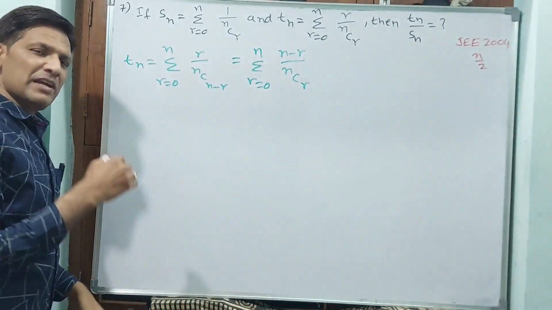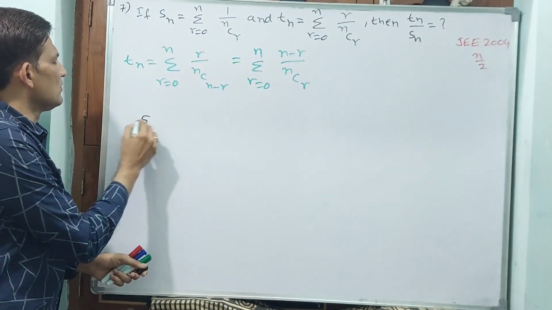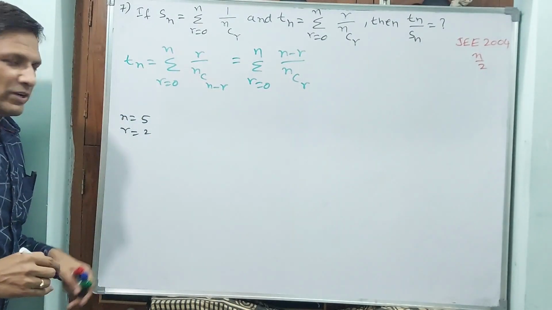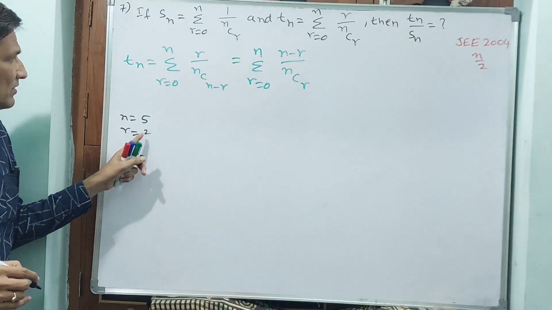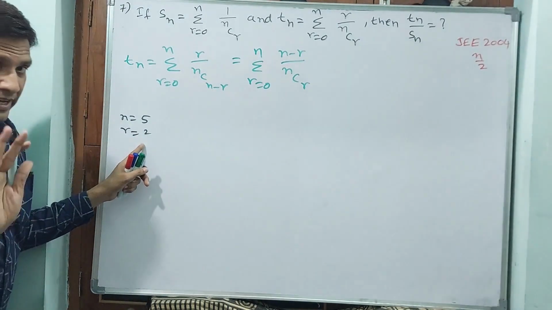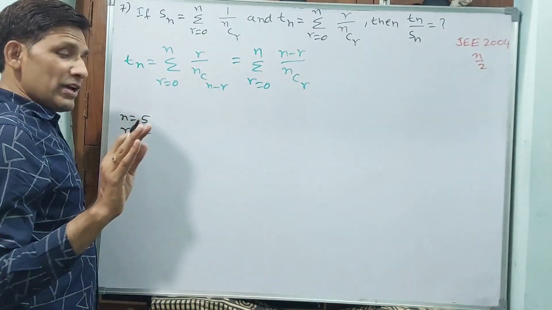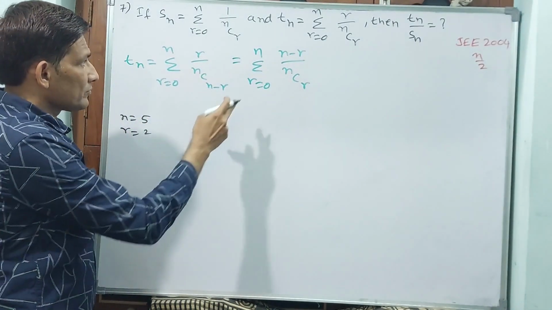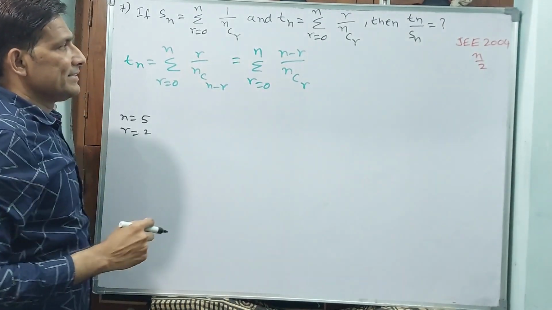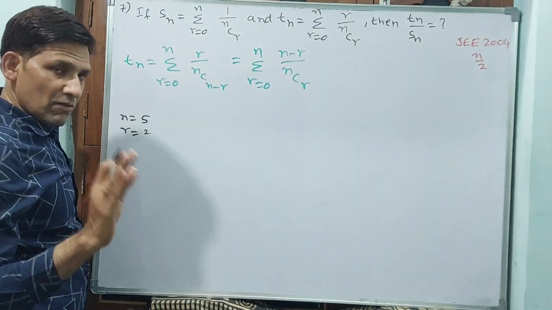Why? Because I want to tell. Let us take 5 and 2. Okay, let us take n is 5 and r is equal to 2. Now you tell me what I am taking.